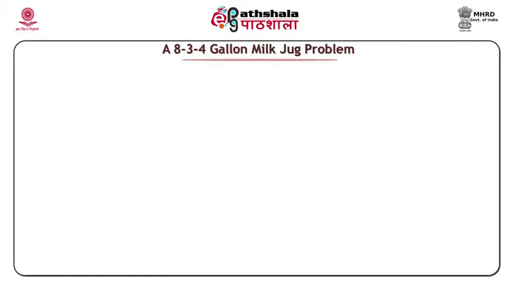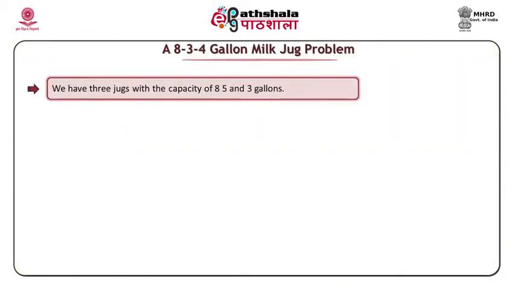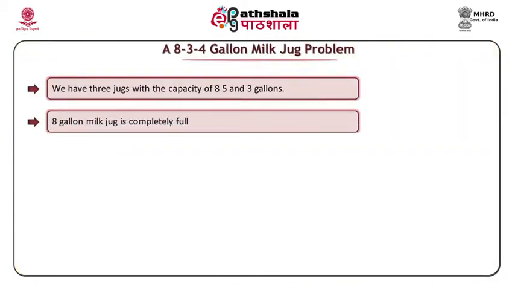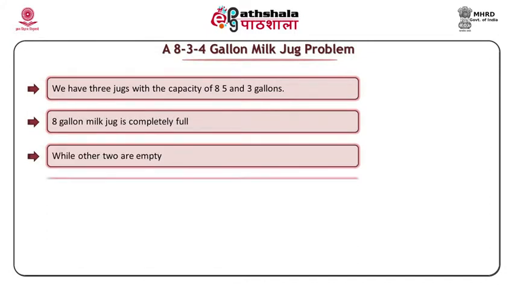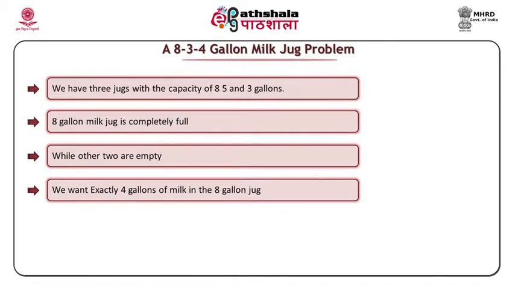We'll look at one more problem called the 8-5-3 gallon milk jug problem. The 8-5-3 gallon milk jug problem is a little different. It's a little more complicated because we have 3 jugs. Not only that, we begin with 8 gallons of milk, completely filled. And now what we want is only 4 gallons of milk in that particular jug.